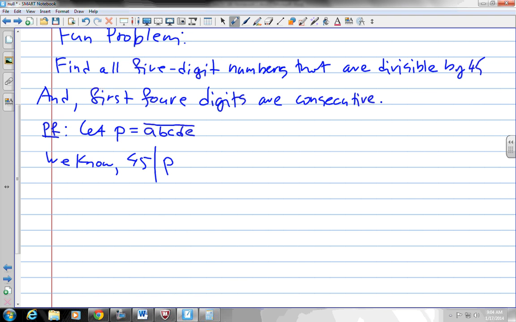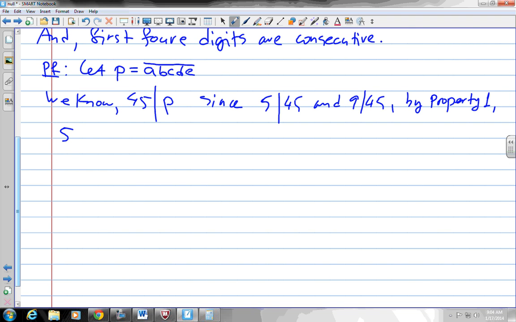So our number is divisible by 5 and is divisible by 9. Okay. So since 5 divides 45 and 9 divides 45, by property 1, that's the very first one that we proved, 5 divides P and 9 divides P. Is that okay?